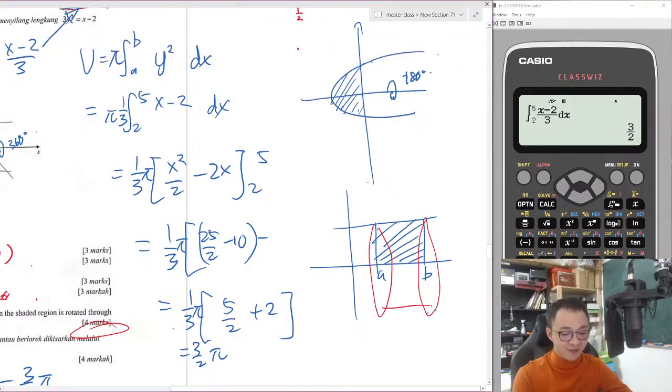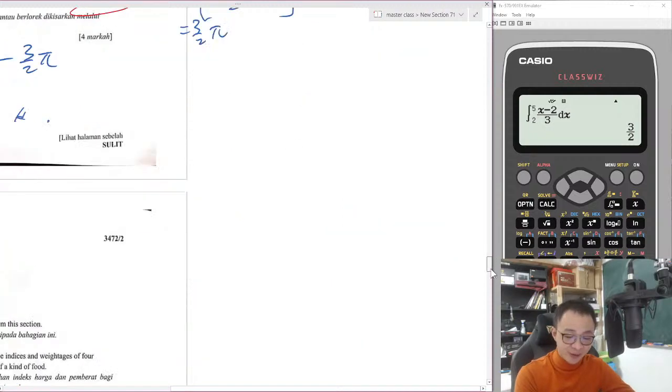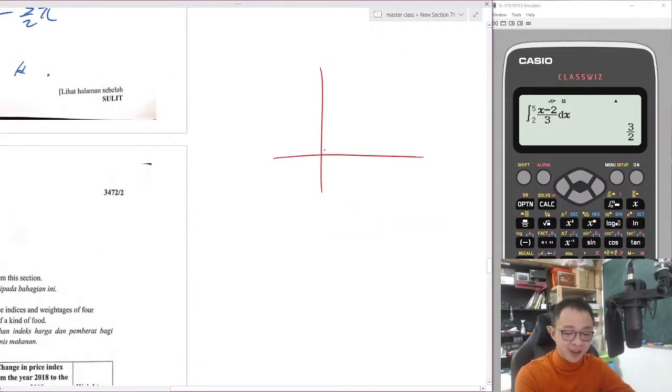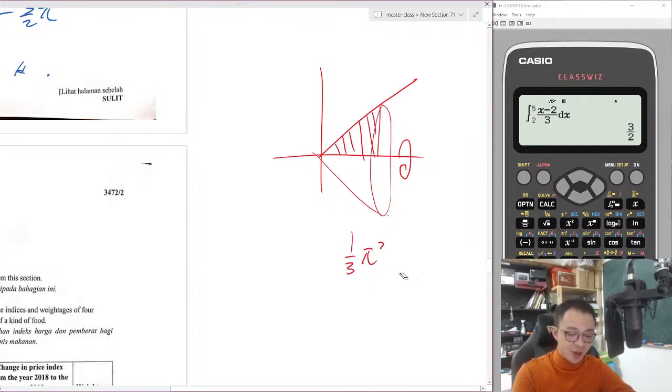You'll get the volume of a cylinder. However, if you rotate the line like this, if you rotate a triangle, you are getting the cone. You see carefully, you are getting a cone, right? 1/3 pi r square h.